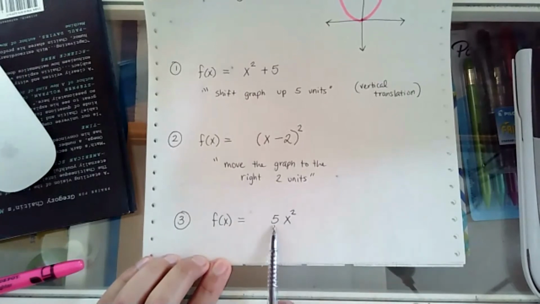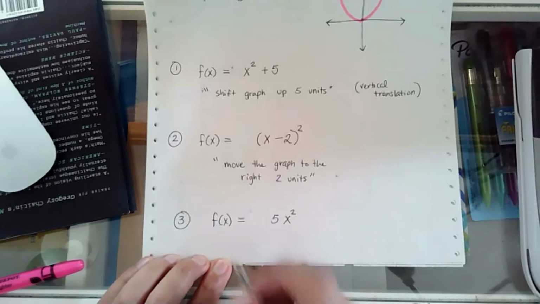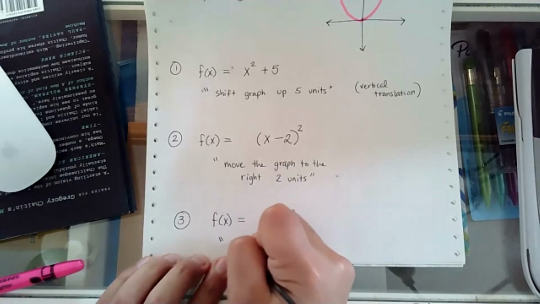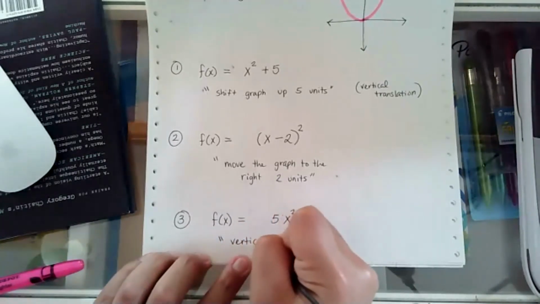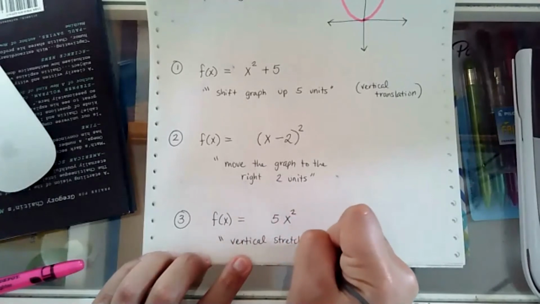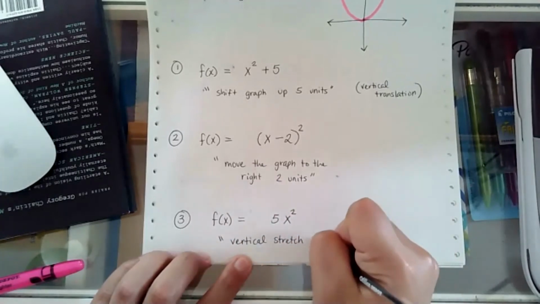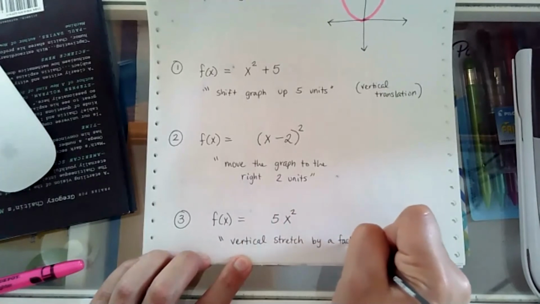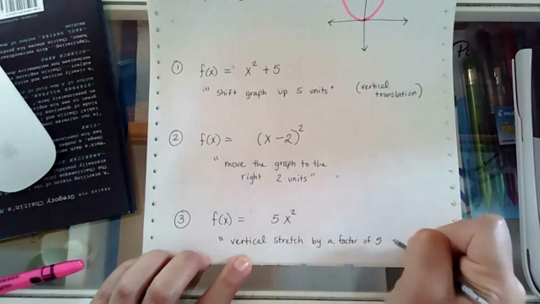We're multiplying a number by essentially what would be the output. Maybe it's a vertical stretch. Yeah, that's exactly right. It's a vertical stretch. And the language here is a little bit weird. It's a vertical stretch by a factor of 5.